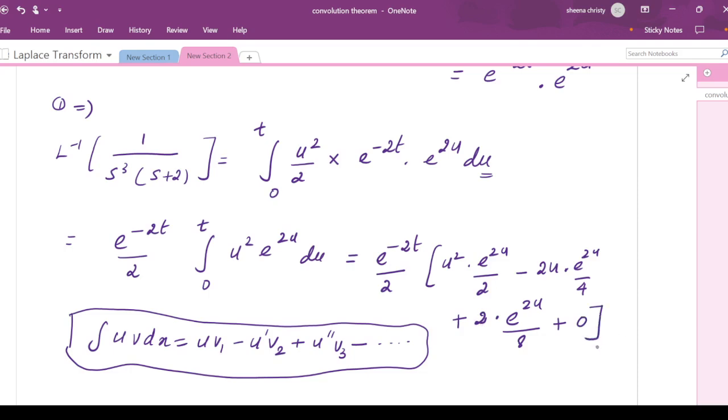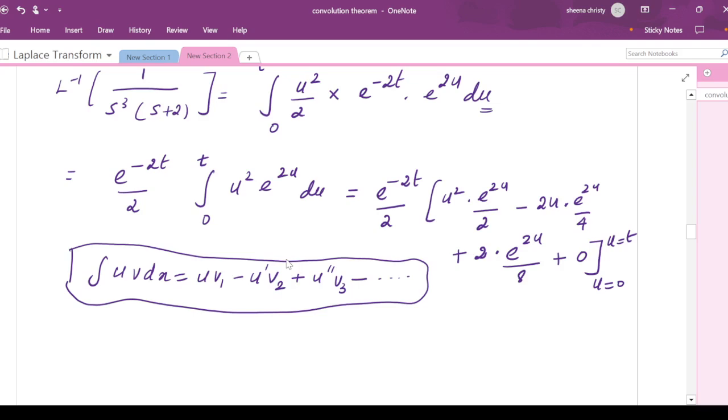Then after that you have to put the limit u equal to 0 and u equal to t. After substitution, you can check it. So here e power minus 2t by 2 into, put u equal to t, you will get t square into e power 2t by 2.